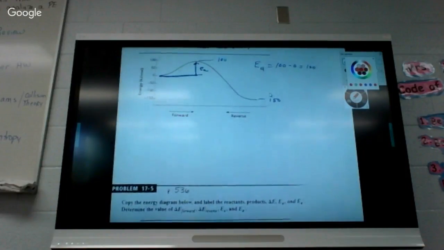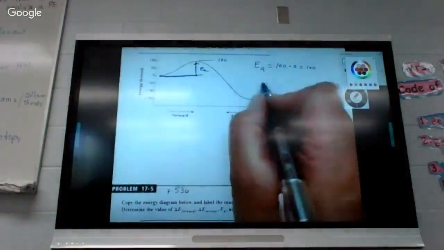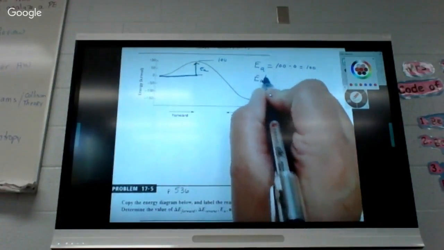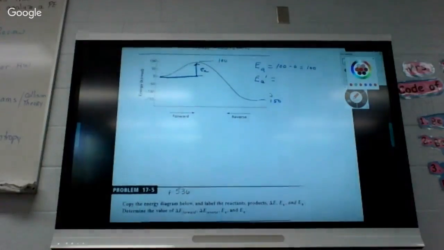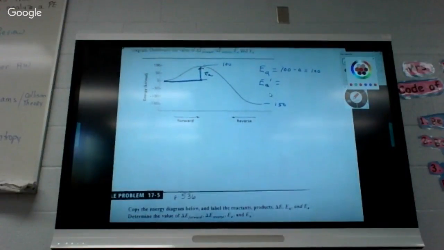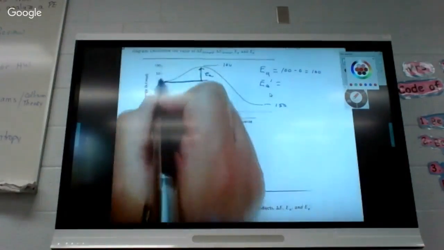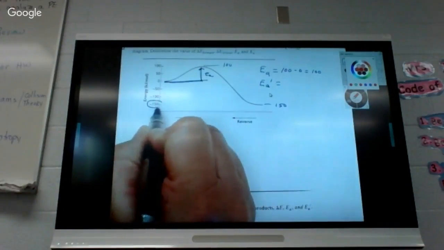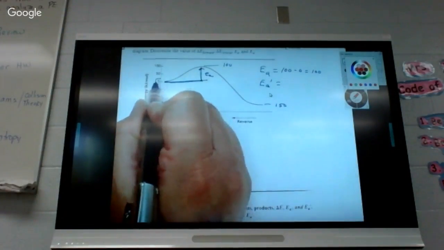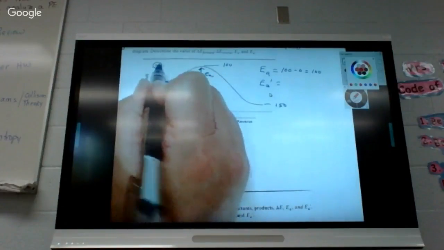The problem you're having is when you get to EA reverse, and you're getting hung up with the negative numbers. So my advice is stop that, all right? Look at your numbers. You're going from 150, and you've got a 0, and you're going to 100.